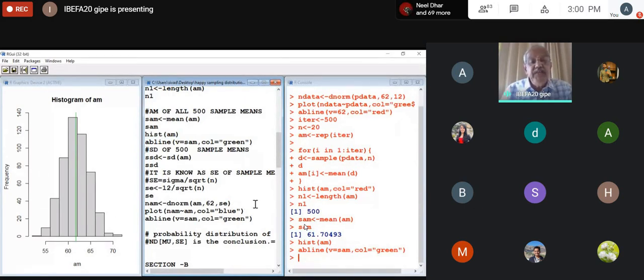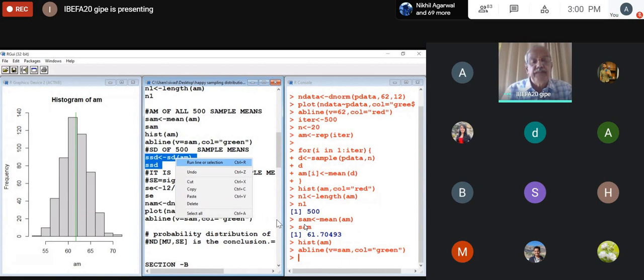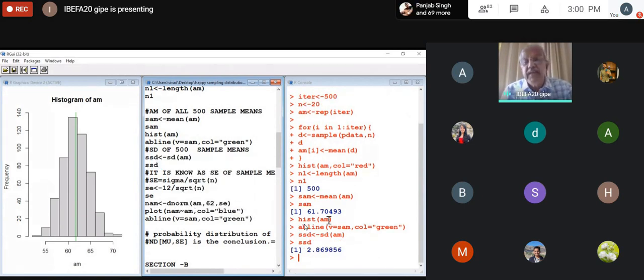The standard deviation of the 500 sample means can also be computed as usual. The standard deviation comes out to be 2.86, and this standard deviation is called the standard error.